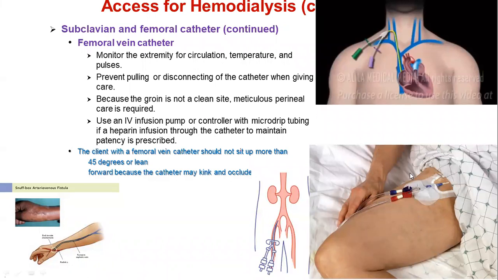Out of these two, femoral or subclavian, both are temporary catheters for AKI or dialysis before starting a fistula. Comparing the two, the chance of infection rate is high in femoral, but it is safer than the subclavian.